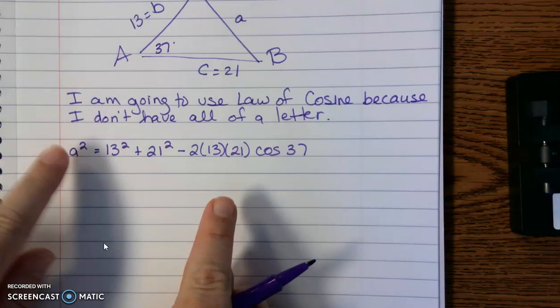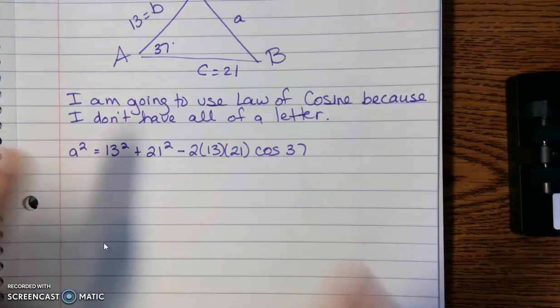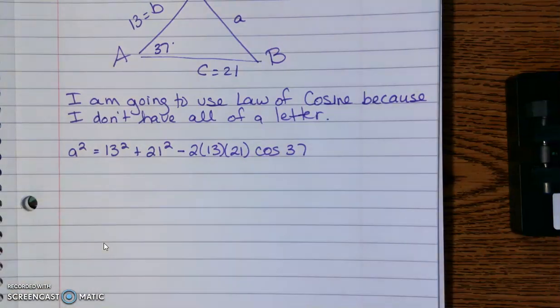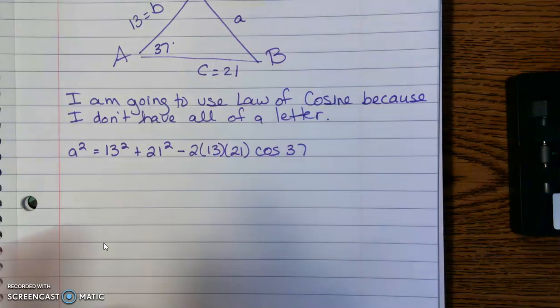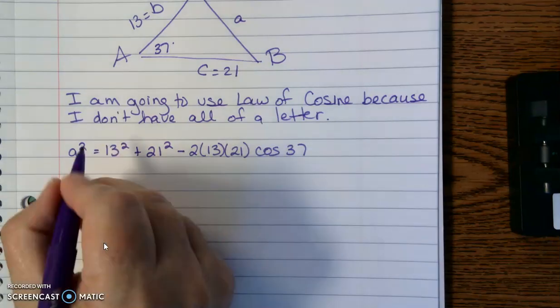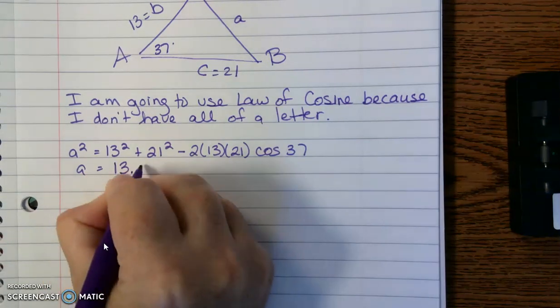You see how my unknown is by itself to the left. Y'all tend to break this up and make a little mistake. So I'm going to type this whole thing into the calculator: 13 squared plus 21 squared minus 2 times 13 times 21 cosine of 37. Then don't forget that gives you a squared, so we've got to take the square root of that answer. And I got 13.2.